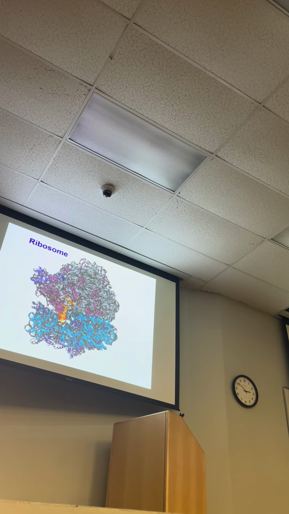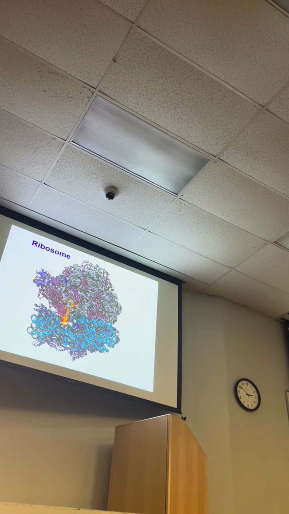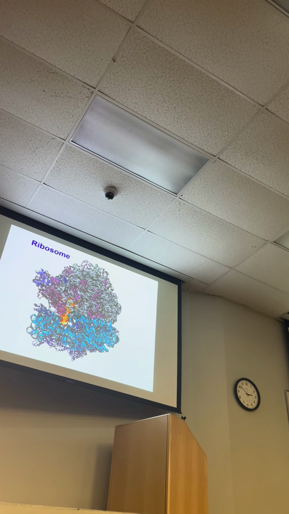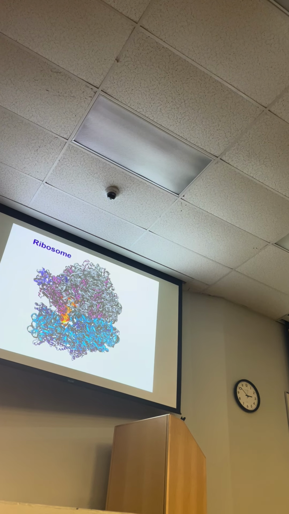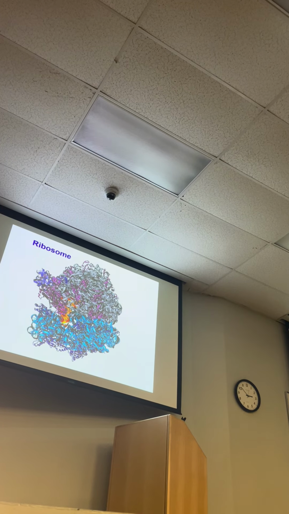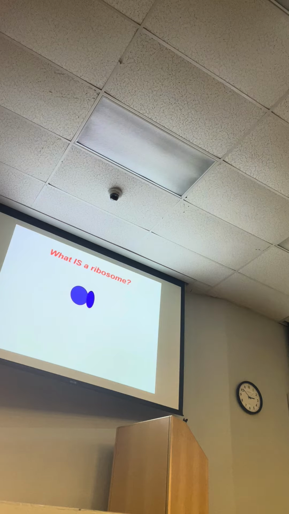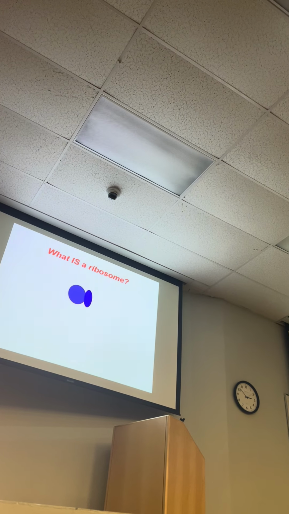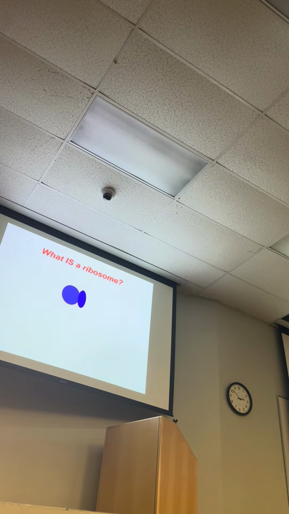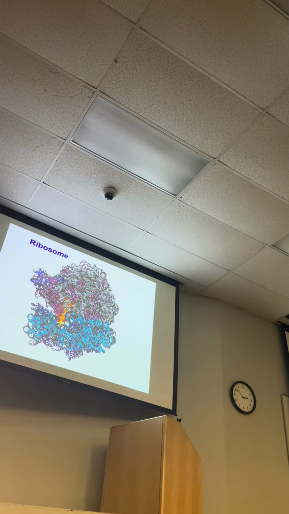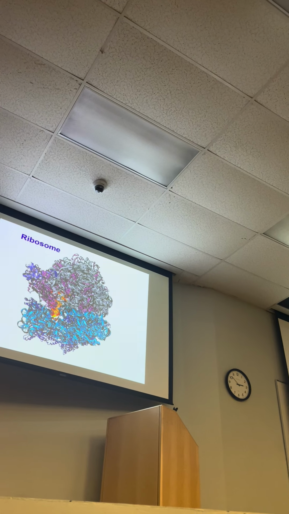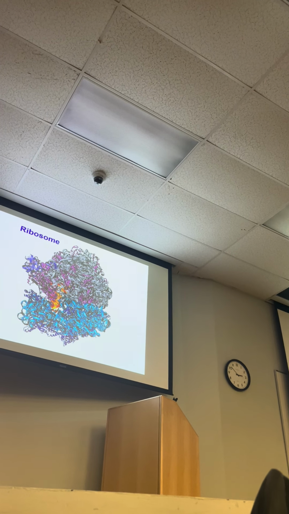But it's not DNA. So what must it be? It's RNA. Yeah. The ribosome is made of RNA, and it's made of protein. So what is a ribosome? It is a structure with two parts, by the way, right? A large part and then a small part.